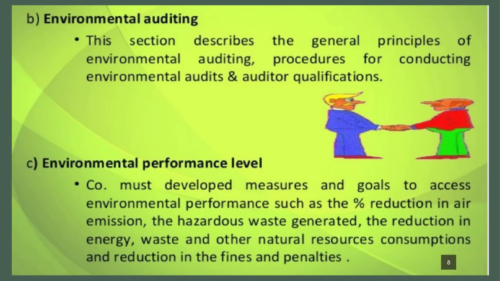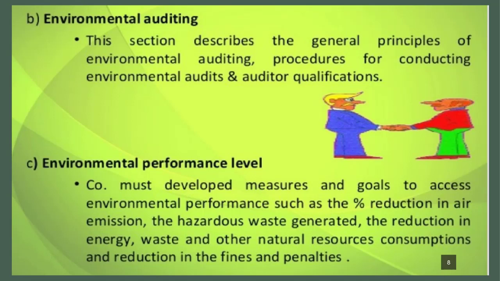Next, environmental performance evaluation. A company must develop measures and goals to assess environmental performance, such as the percentage reduction in air emission, hazardous waste generated, the reduction in energy waste and other natural resources consumption, and reduction in fines and penalties.